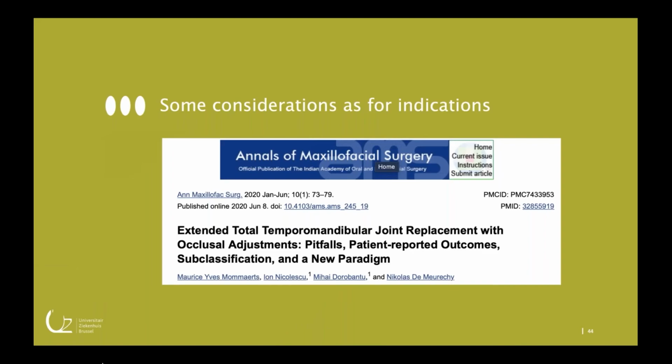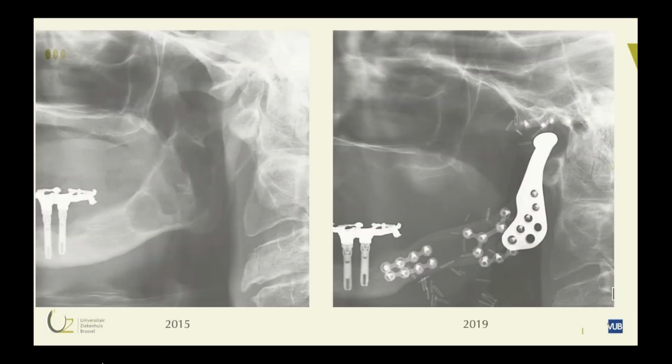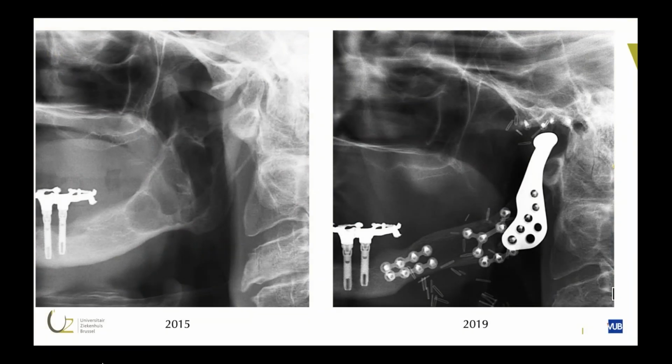Let's consider some indications. This was my last case of a free microvascular fibula transplantation. It was used to reconstruct part of the mandible after resection for a Ewing sarcoma.